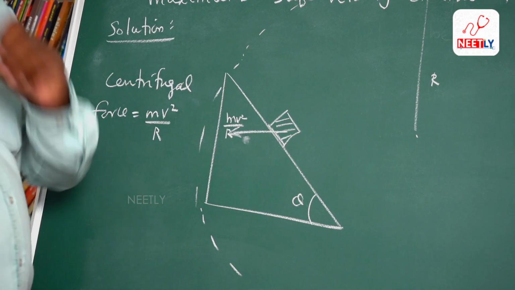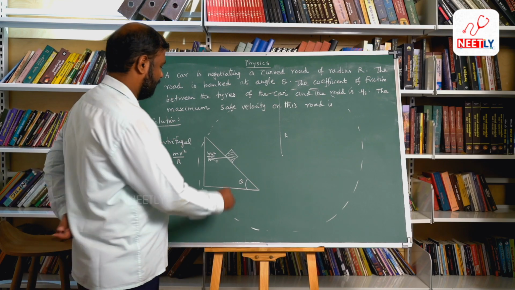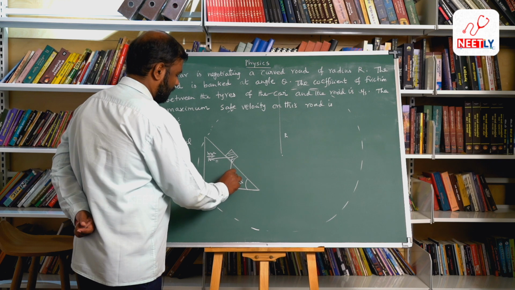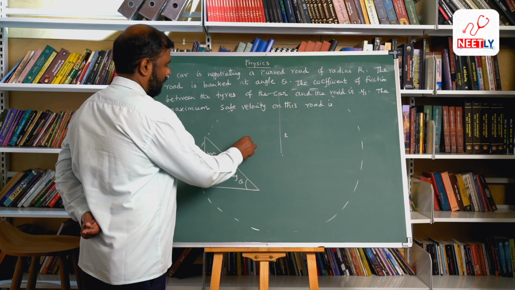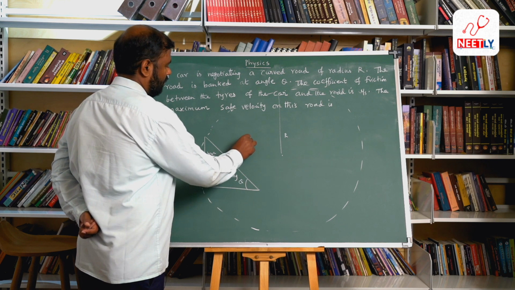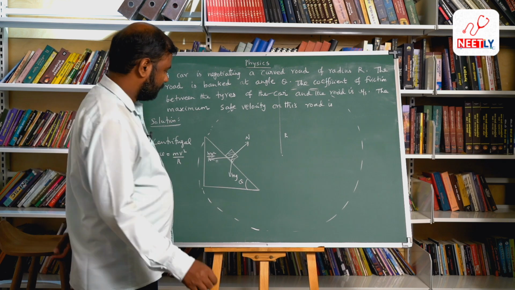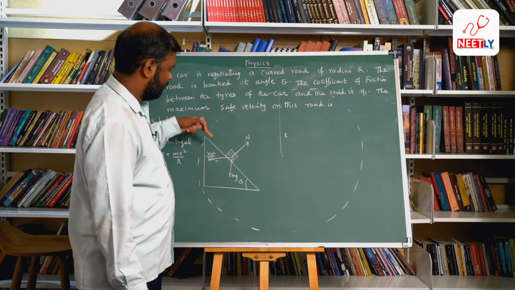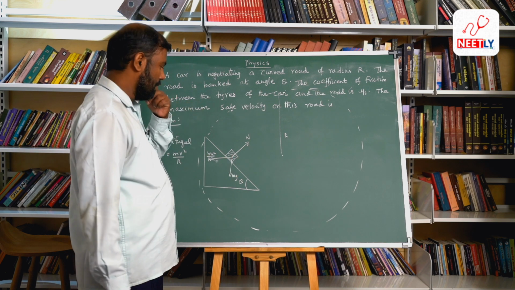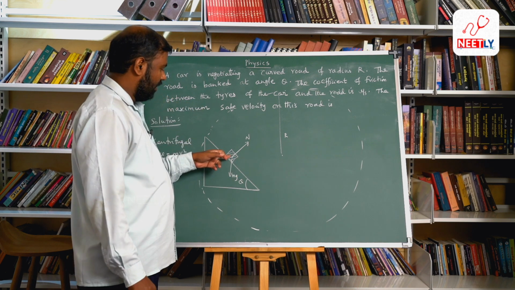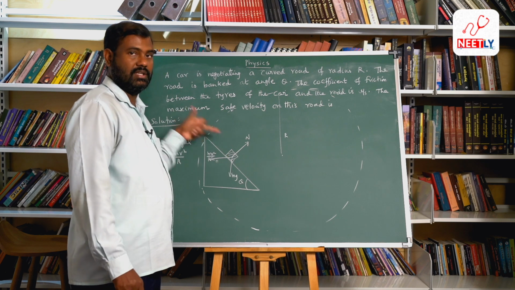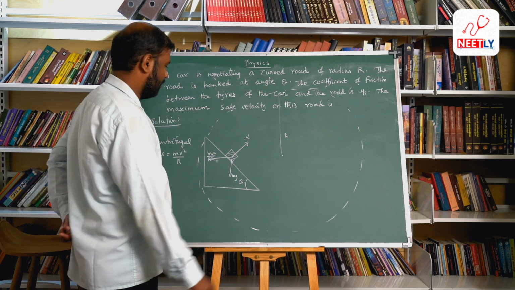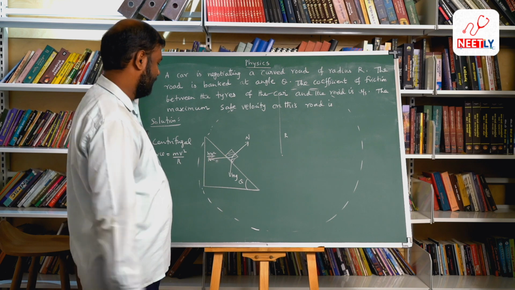Right. Now, what are the other forces acting? Of course, as usual, we know mg and this is the normal force. So, for the safe condition, what should not happen? It should not slide here, right. So, the car should not experience any net force in this direction or upward direction. So, let us set up the equation for this condition.